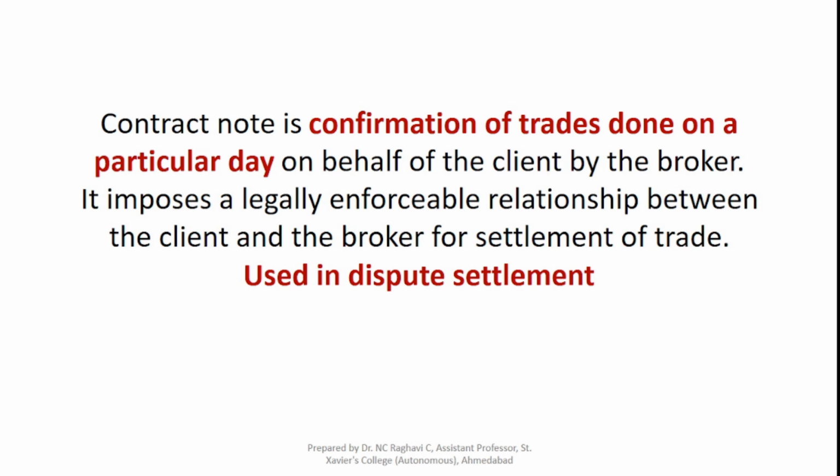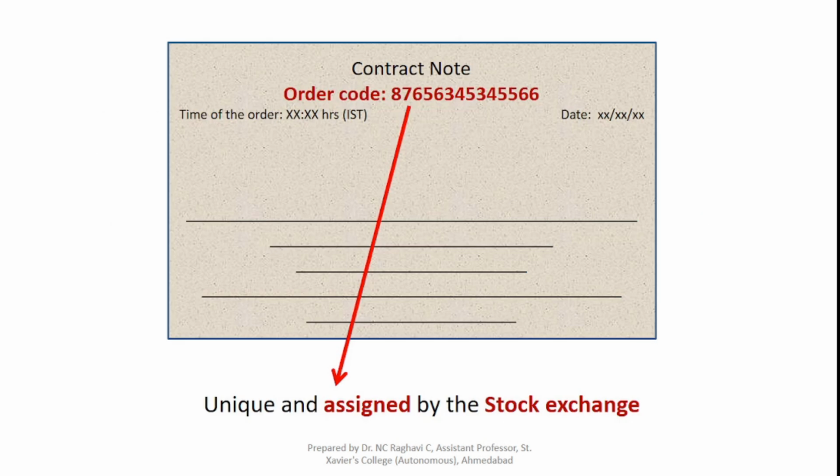In case the investor does not receive either the securities or the funds that were supposed to be received by him, this contract note becomes a legally enforceable document that he can use in order to settle the transactions in the stock exchange. Moving ahead, this contract note looks like this, wherein the order code is executed.